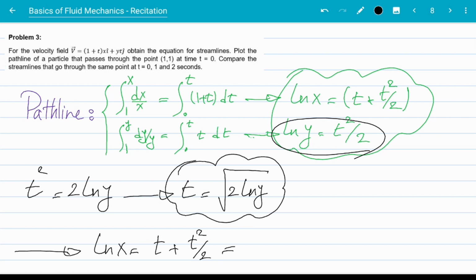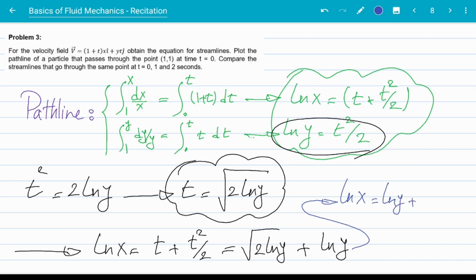Based on the equations that we have, t is the square root of 2 natural log of y, and t squared over 2 is natural log of y. So I can say natural log of x is natural log of y plus the square root of 2 natural log of y. Now this is the equation for the path line of a particle that was at point 1, 1 at time 0.